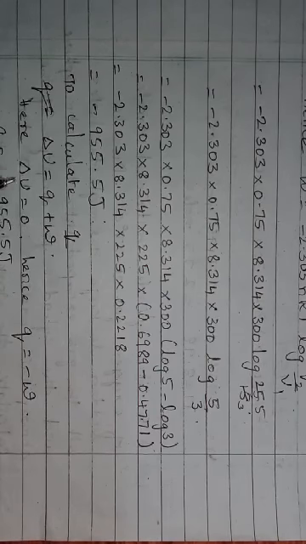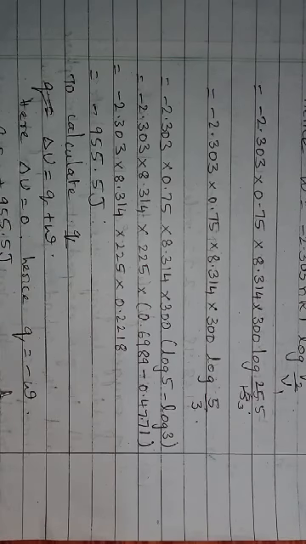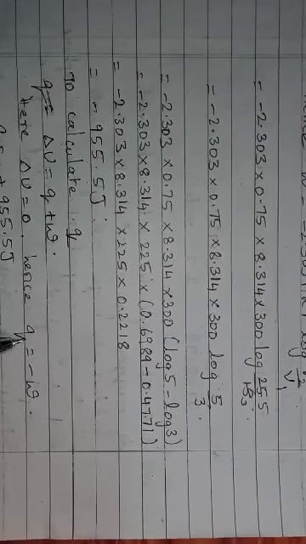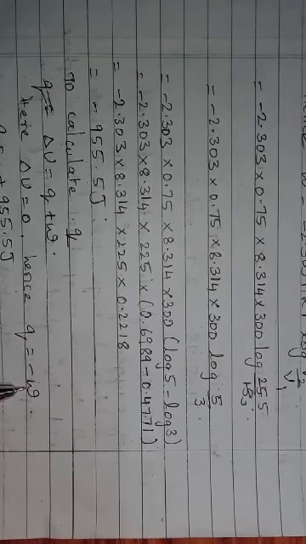Let me repeat: it is an isothermal process, so delta U equals 0. When delta U equals 0, then Q is equal to minus W. It means the heat energy absorbed by the system is converted into work done.